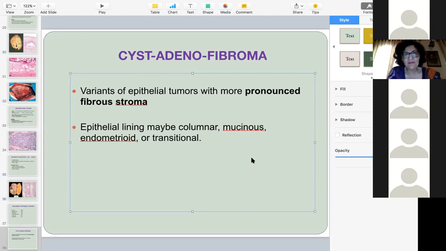And what is the difference between a borderline tumor and a malignant tumor? What is the most important thing that distinguishes between a borderline and a malignant? Stromal invasion, right, absolutely right. And the difference between a benign and a borderline tumor?